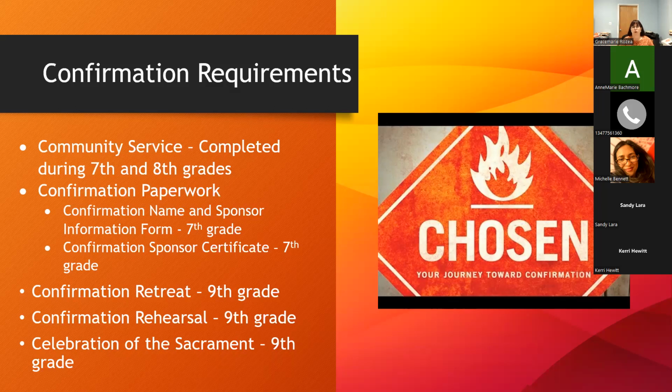The rest of the paperwork is the confirmation name and sponsor information form, which they should have submitted in 7th grade. The confirmation sponsor certificate, which should have been submitted by your child's sponsor to us through 7th grade.